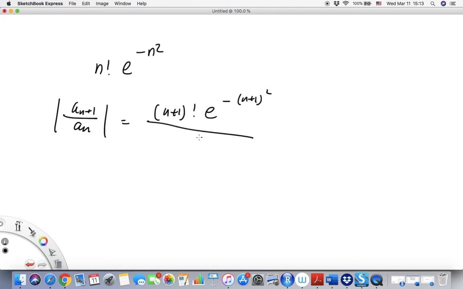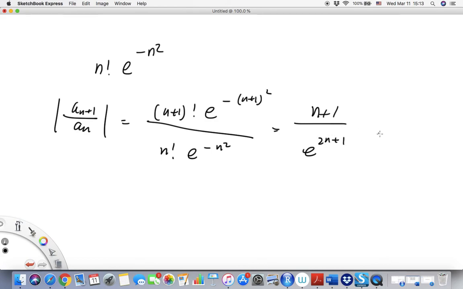Next, n factorial times e to the minus n squared. Again, we see factorial, so we're going to use the ratio test. Then you simplify, and you have n plus 1 over e to the 2n plus 1.